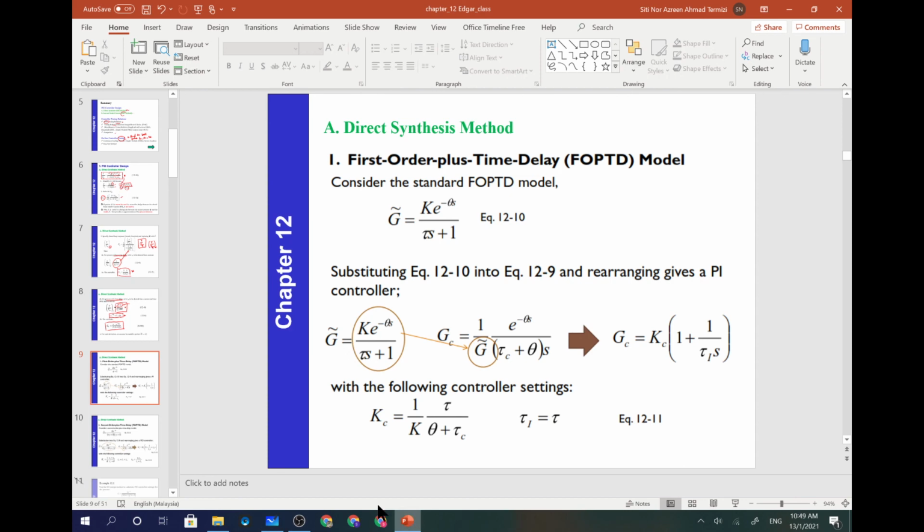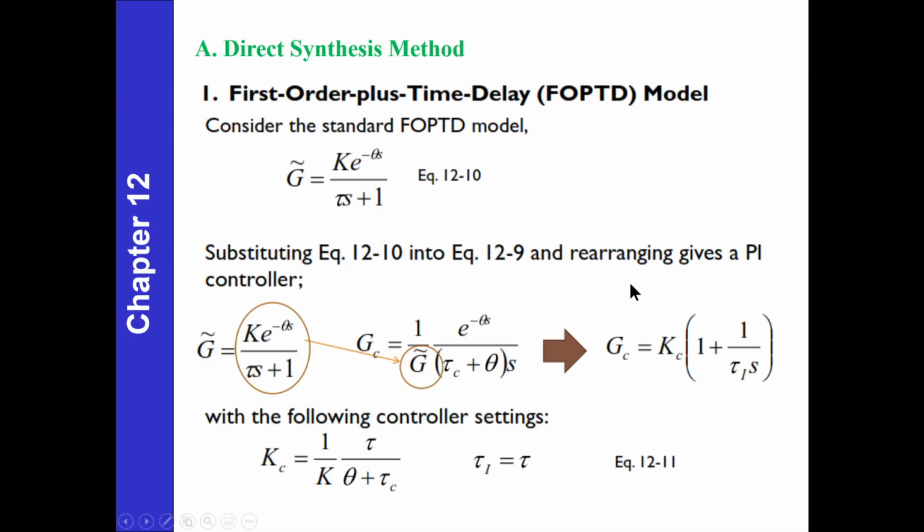So let's go back to our slide. In this slide, when we have first order plus time delay, which is this one, we substitute into this and compare with the standard form of PID controller.